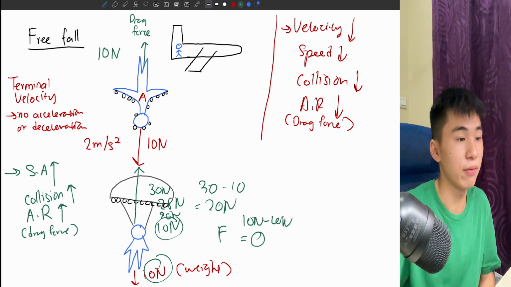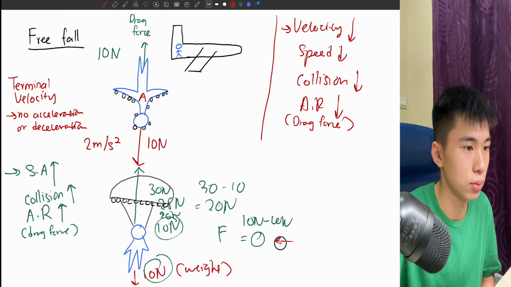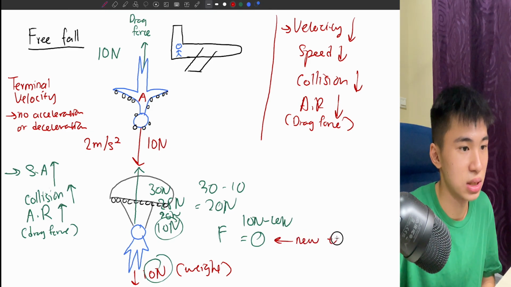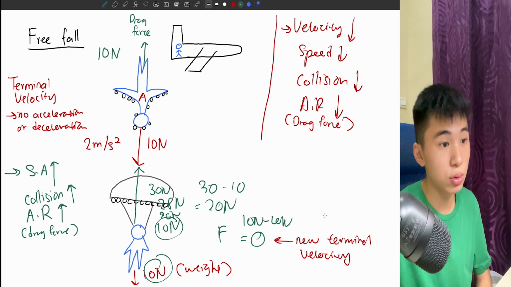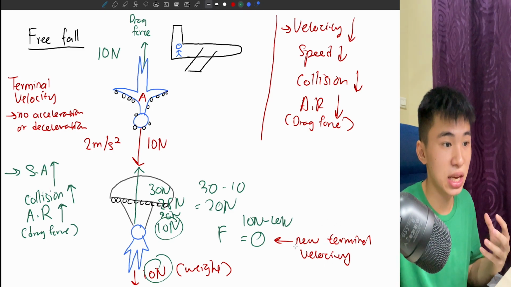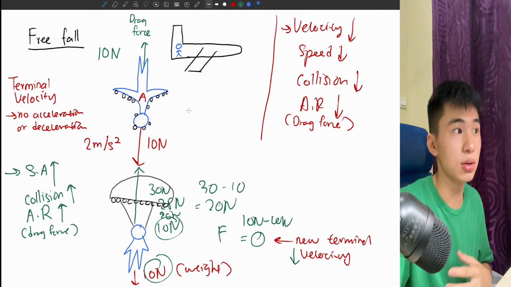So yes, we will have a new terminal velocity in this case. But what I can say is that the new terminal velocity is lesser than the initial terminal velocity.